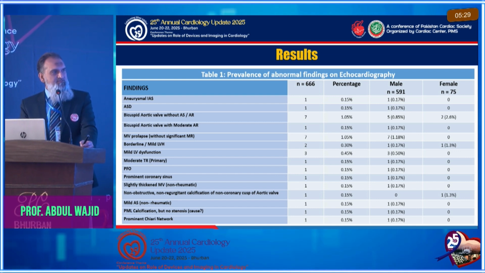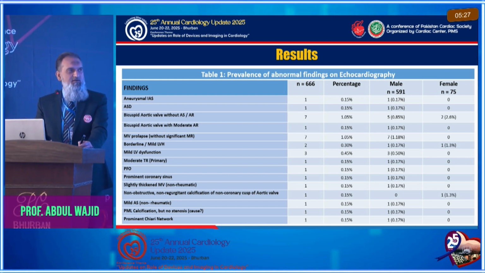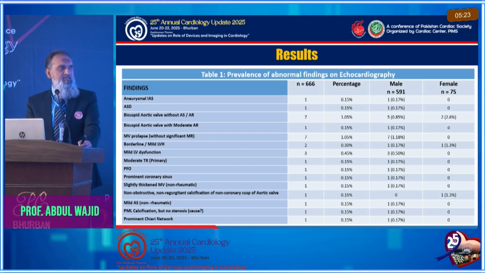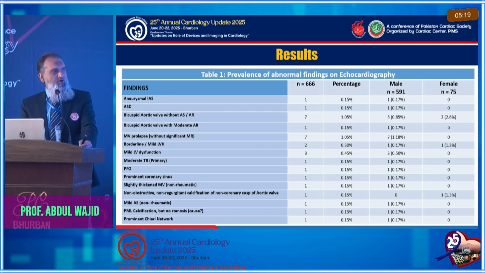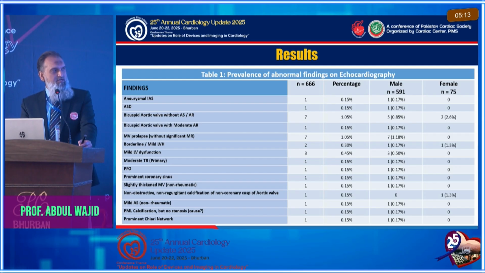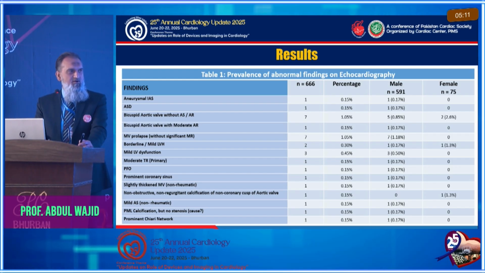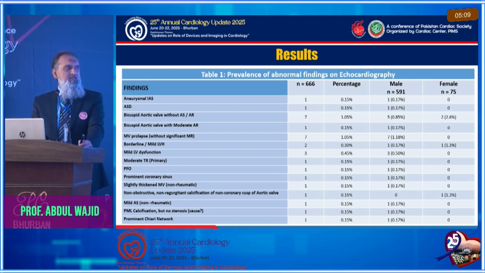Mitral valve prolapse was also very prevalent. 7 children had mitral valve prolapse, but luckily none of them had significant MR. Borderline or mild LVH was found in 2 children. Mild LV dysfunction was found in 3. Moderate primary TR, without any other cause that I can find, 1.